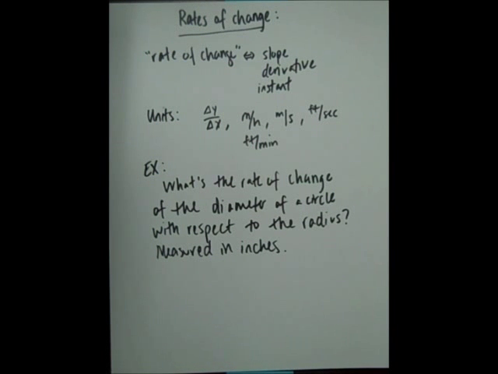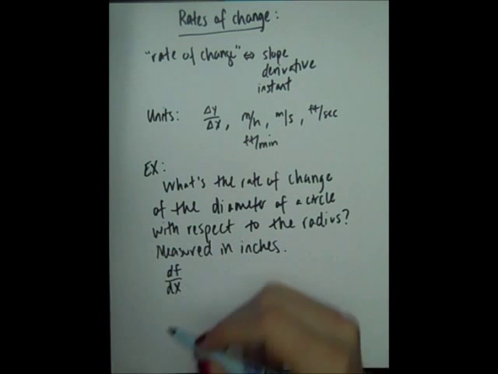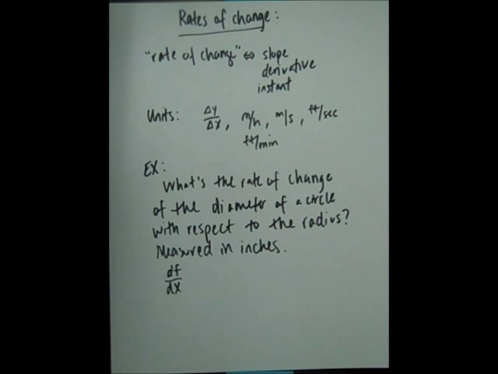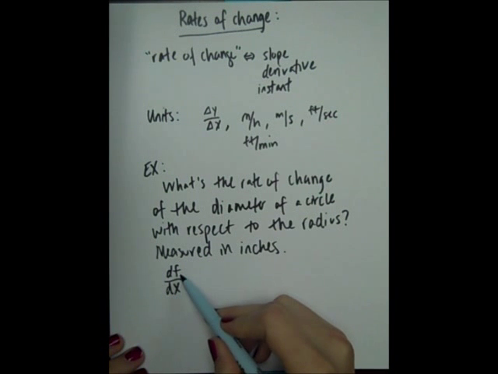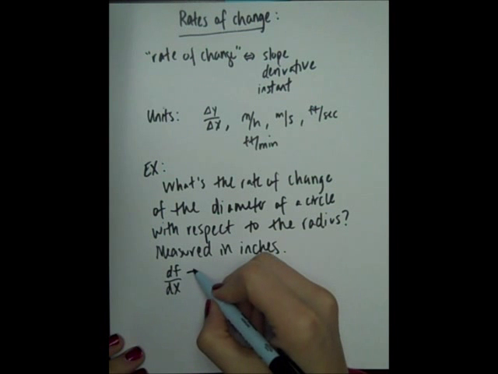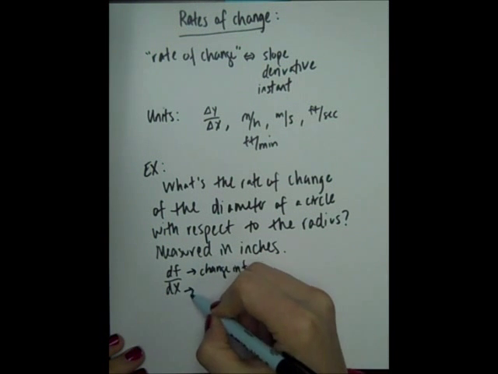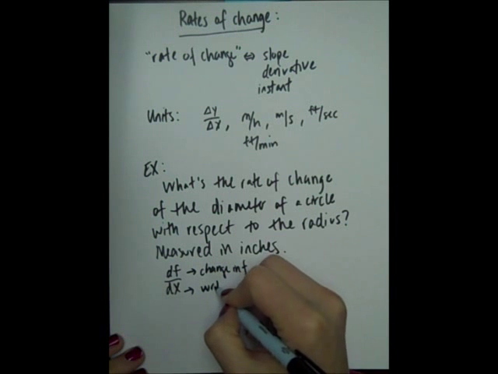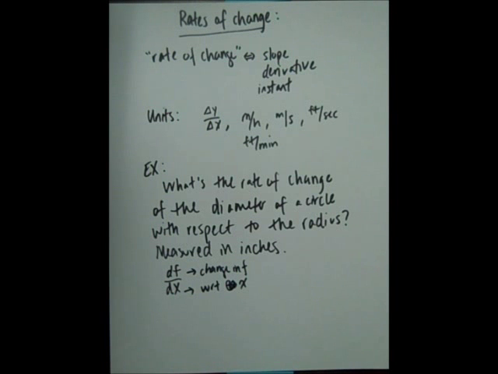So go back to when we were doing derivatives. Whenever we said df dx, that was the alternative notation for this, what did we mean by that? We meant the change in f with respect to x. So this meant change in f, and the bottom part meant with respect to x.